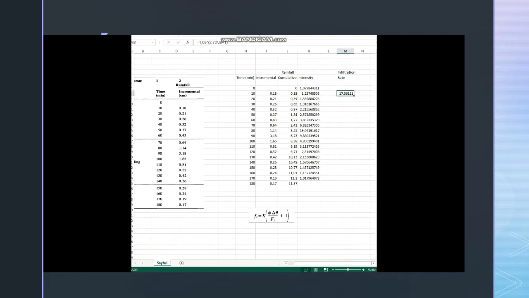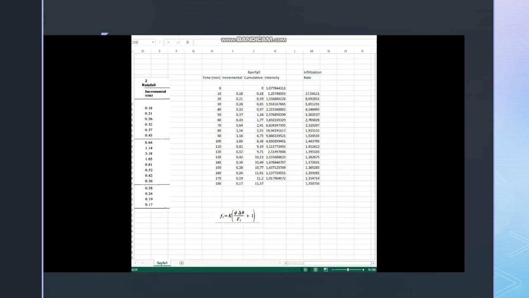Then let's scroll down and find our infiltration rate. When we compare the infiltration rate and intensity, we will see there are differences. For these, the infiltration rate is higher till this point, right?